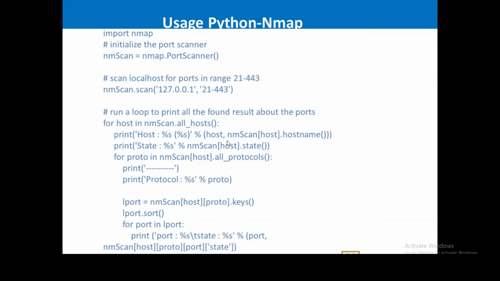This will display the host and the host name if there are more than one host name. This will display the states. This function will display all the protocols. And this function will display the keys. Mind you, this is a variable name that I've created there.